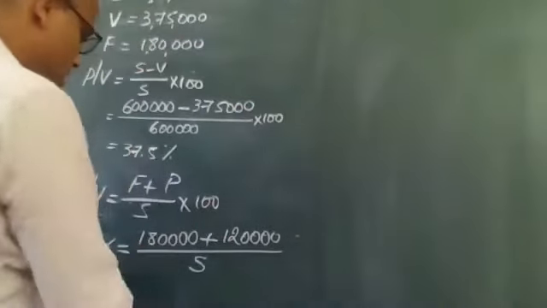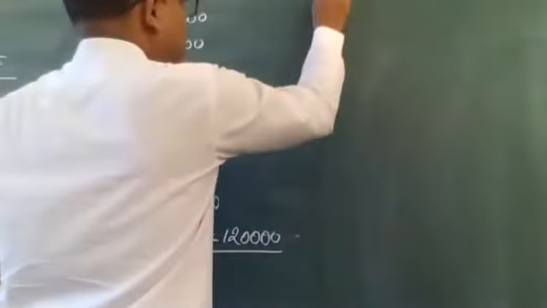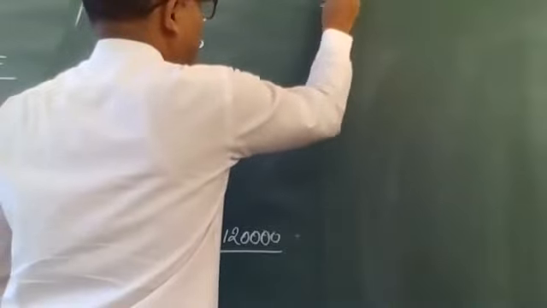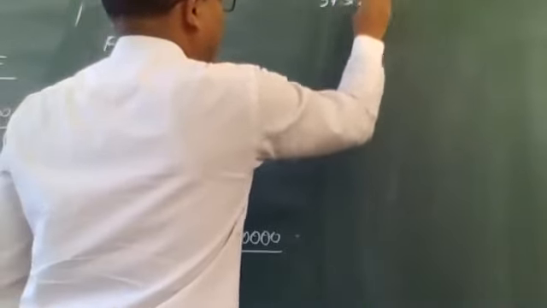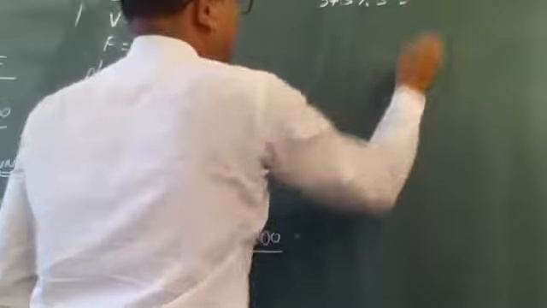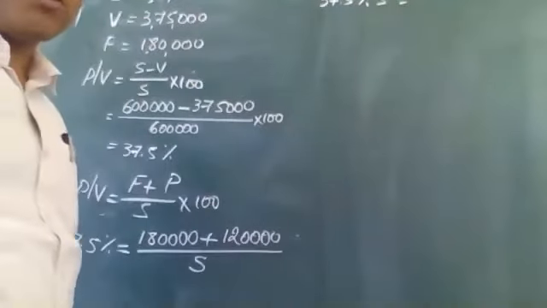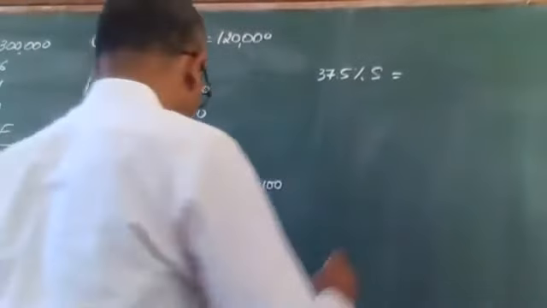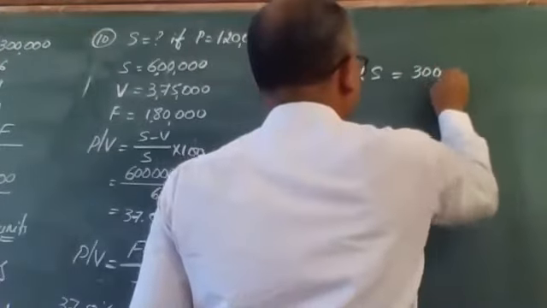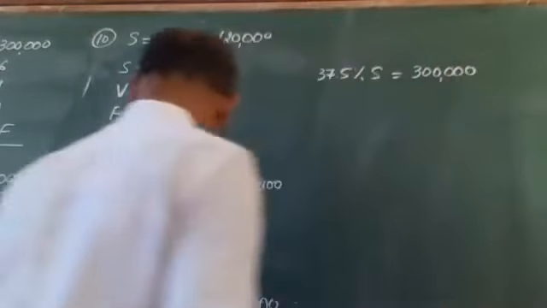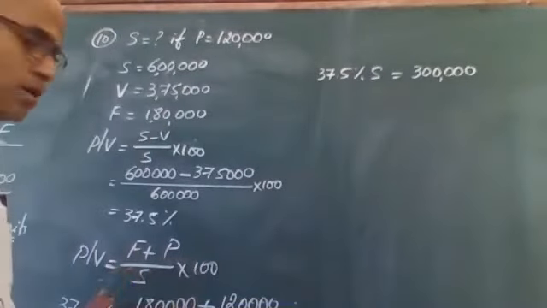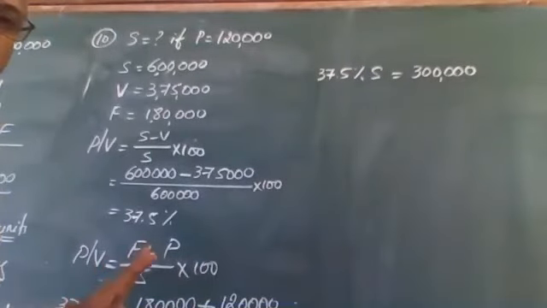So it is 37.5% of S. It should be equal to 3 lakhs, correct? 1 lakh 80 plus 1 lakh 20, that is fixed cost plus profit.